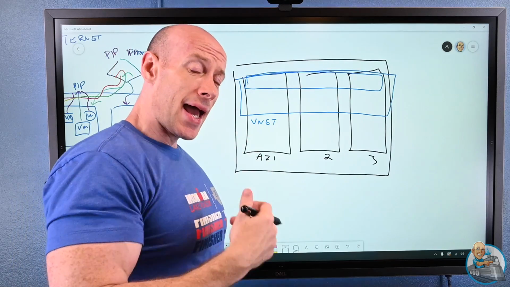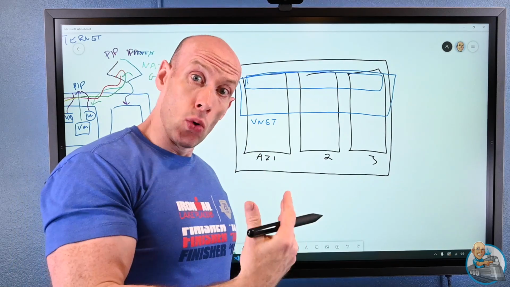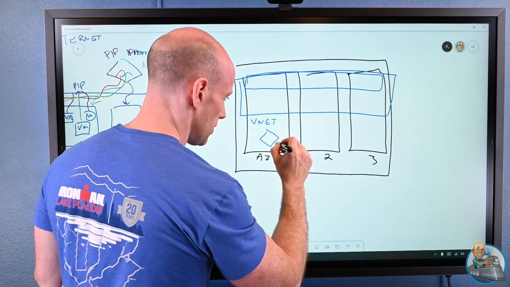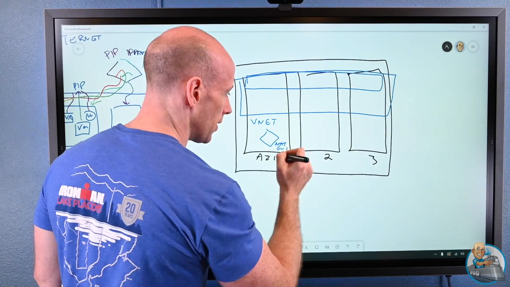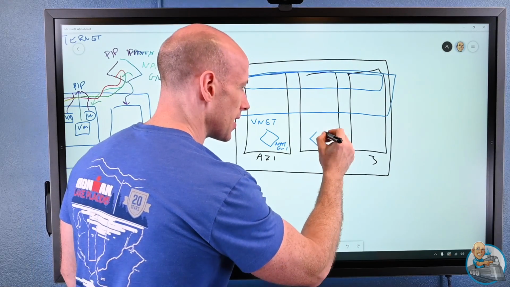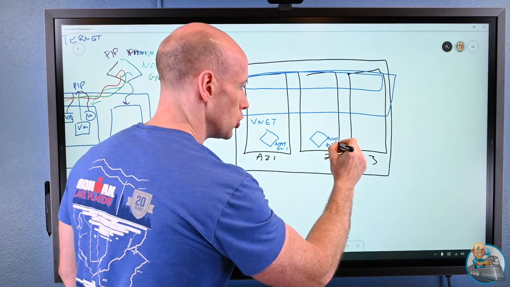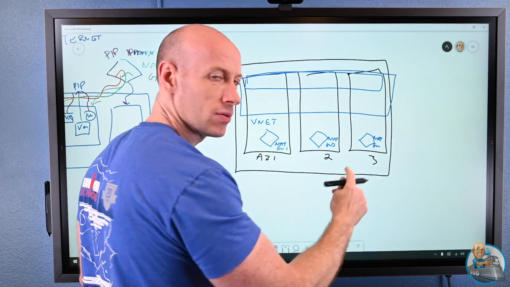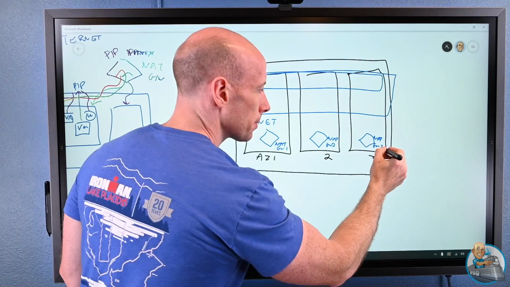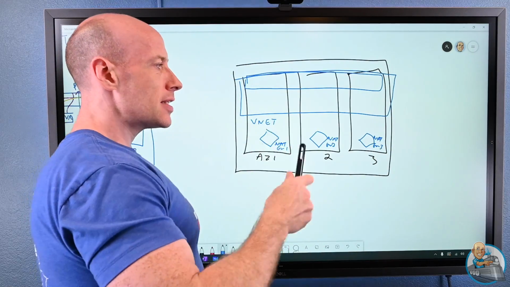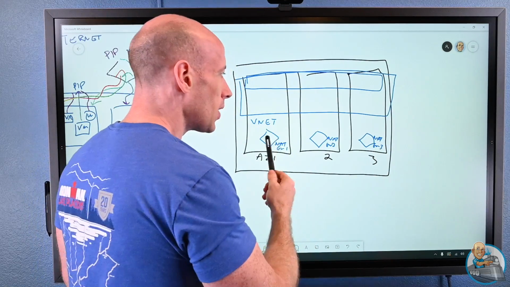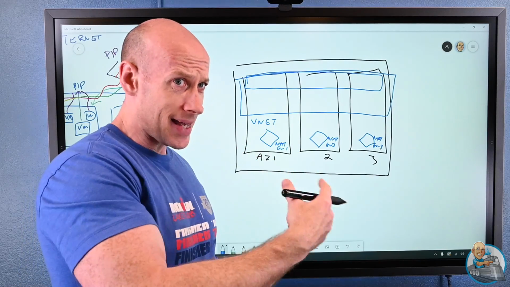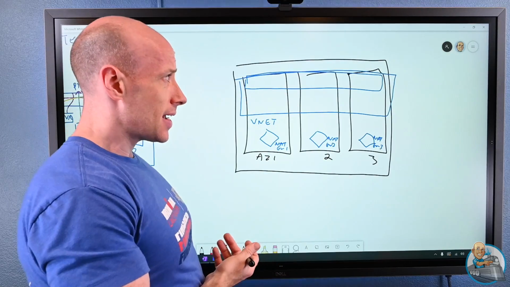But if I create a NAT gateway and I make it zonal, so here let's say this is my NAT gateway 1, and then I create another NAT gateway 2, and another NAT gateway 4, I'm kidding, 3, I would need to make sure when I link this to subnets, I want all the resources in that subnet in that AZ.